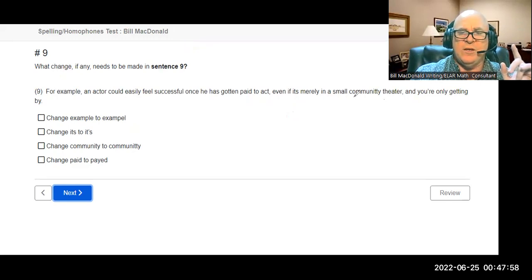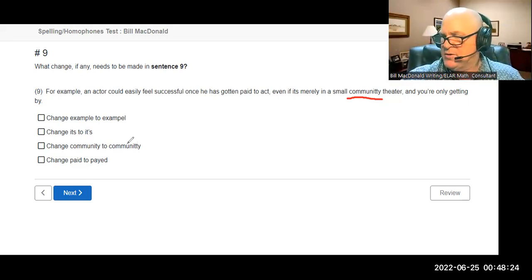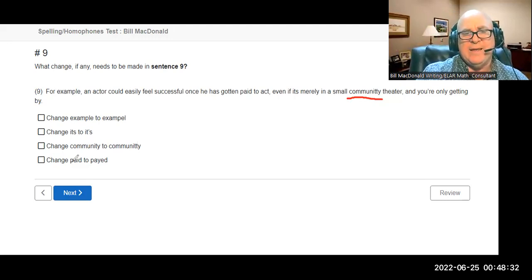So when you see the next version of this emailed to you, those of you who are in the club, I can't change community with 1 T to 2 T's because it's already got 2 T's, and that's the wrong way. And I would never want to change something to the wrong way. So as I mentioned, I'll put it in my notes. I'm going to be fixing that on number 9 because I know that my mistake is in another location in the sentence.